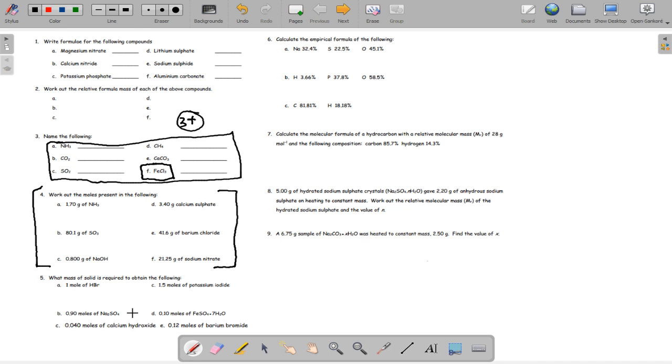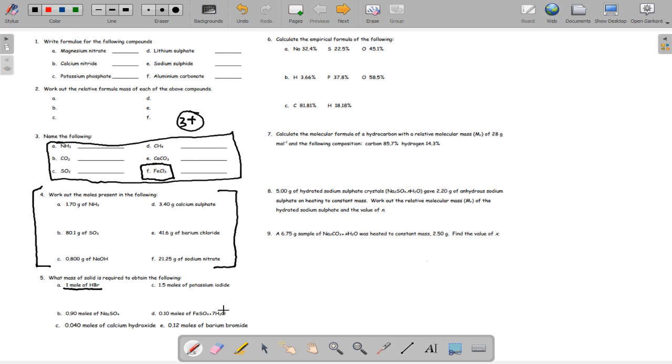So looking at this, we need to find out what 1 mole of hydrogen bromide is, 1.5 moles of potassium iodide, 0.90 moles of sodium sulfate, and 0.1 moles of iron sulfate .7H2O.